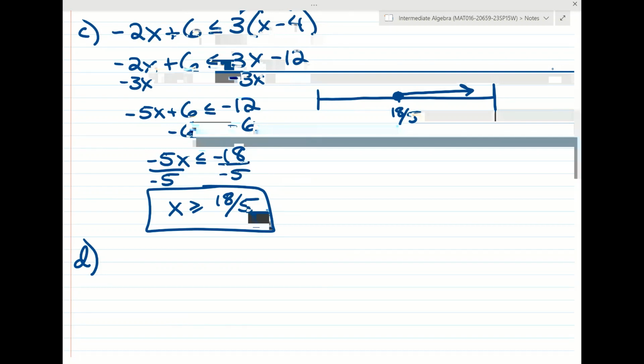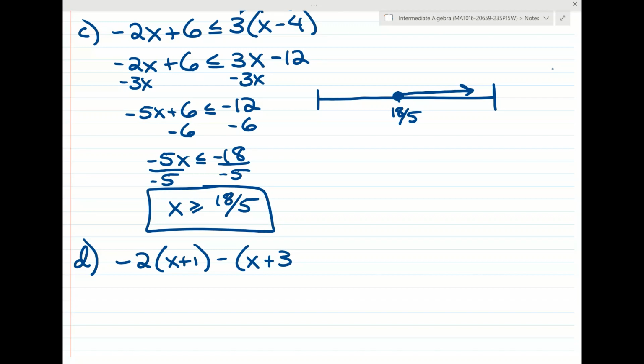And the last problem from this section is, what if we had negative 2 times x plus 1 minus x plus 3 in parentheses is greater than negative 4?